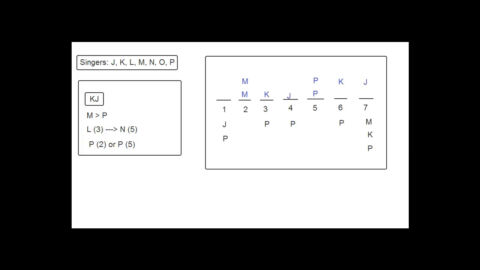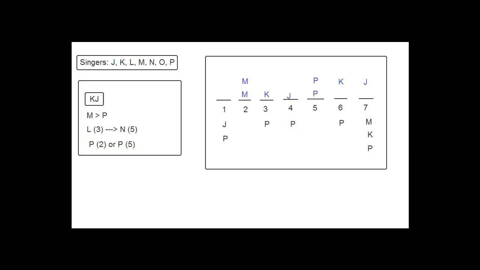Okay, let's look at the top template then and see if there's anything else we can do or if that's as far as we can go, just like the first template. So here the third spot is actually open, but the fifth spot is not. So this rule over here is actually in play, because we want to make sure we don't put L in third, because if we did, we would have to put N in fifth, but fifth is already taken.